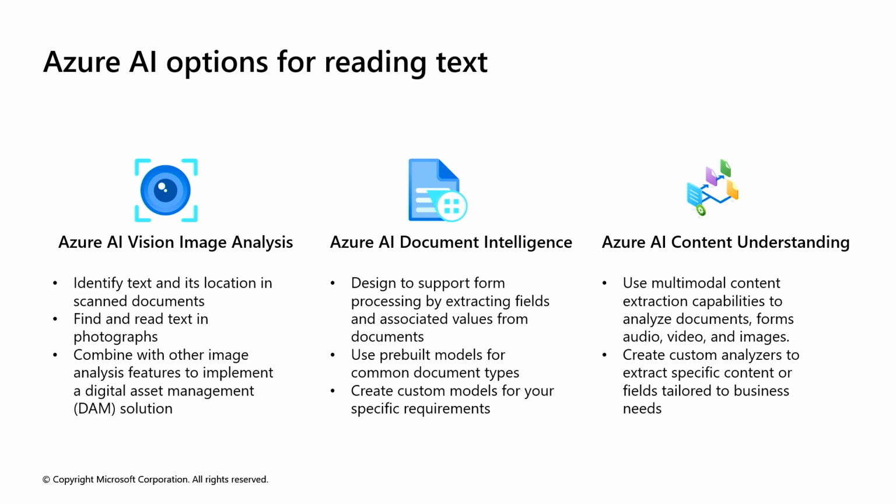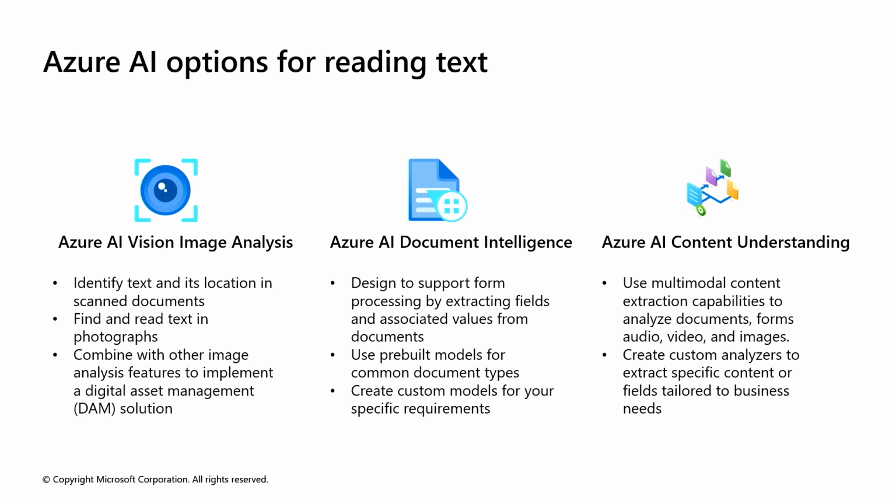Next, Azure AI Content Understanding takes things further by using generative AI for multimodal analysis. It can process structured documents, images, audio and video, making it ideal for scenarios where information comes from multiple sources. For instance, you could analyze a recorded meeting and extract key discussion points along with related visual content.